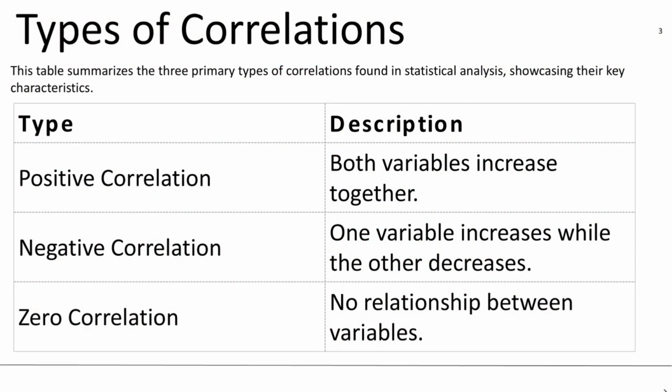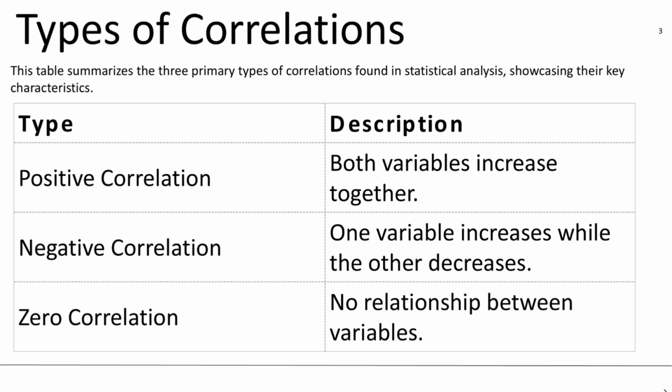Great. Okay, so what types of correlations are there? There are three major types of correlations, really. There are positive correlations where both variables are changing in the same direction. For example, the more hours you spend studying, the better your grades will get. Then there are negative correlations, where as one variable increases, the other decreases.